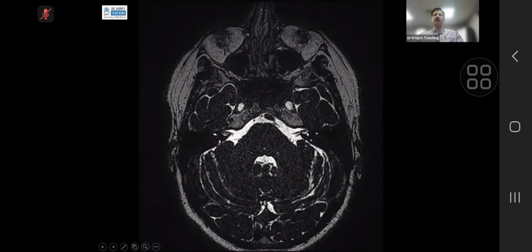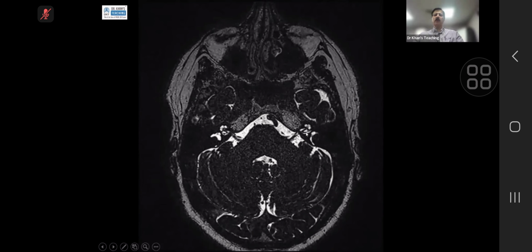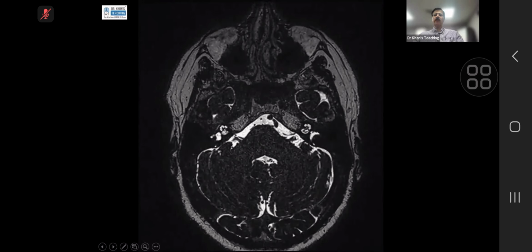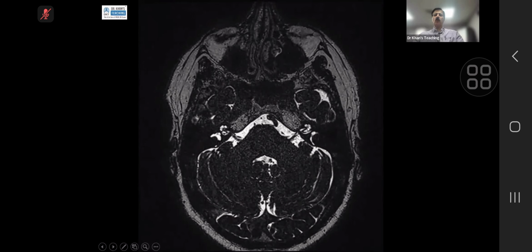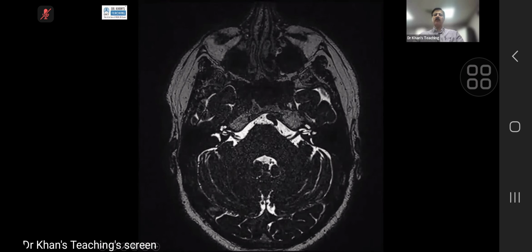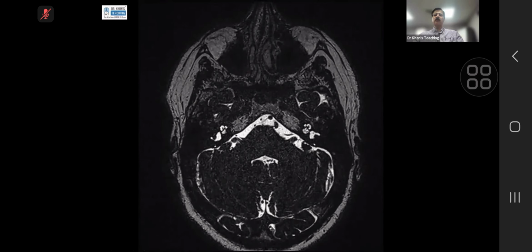But they join together and make a thicker nerve here, and then it goes into the pons. So this is the vestibulocochlear nerve, which divides into the cochlear component and two vestibulars, superior and inferior vestibular nerves.